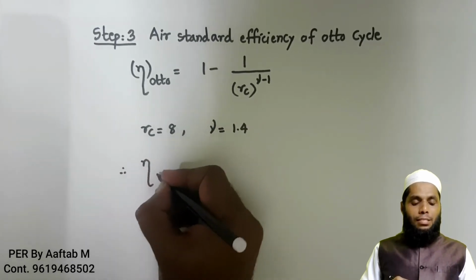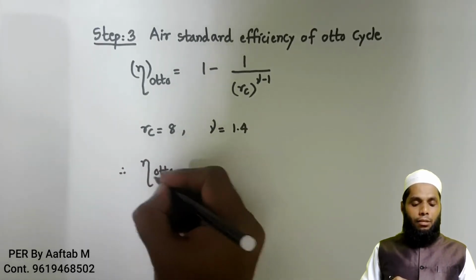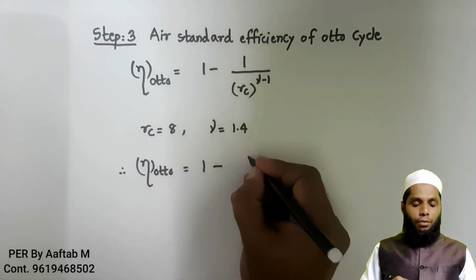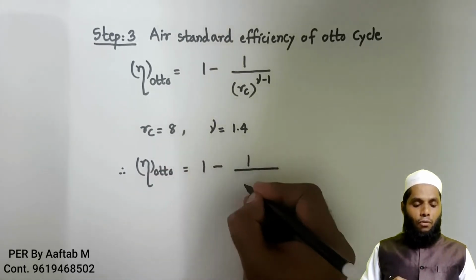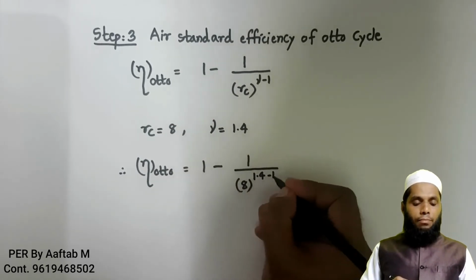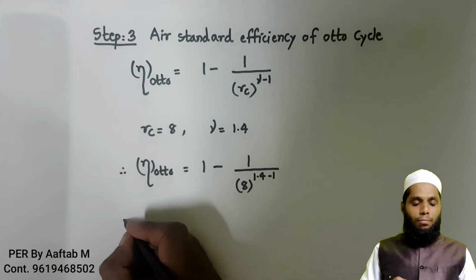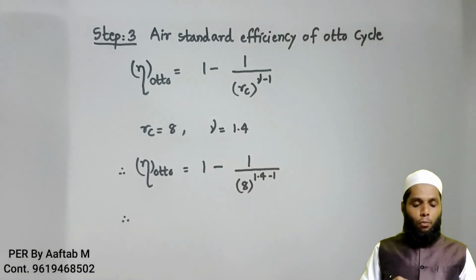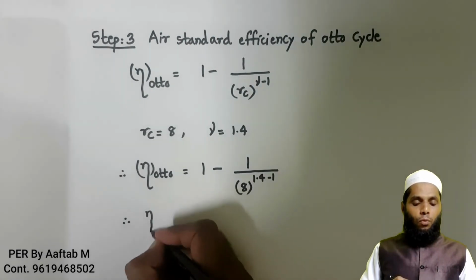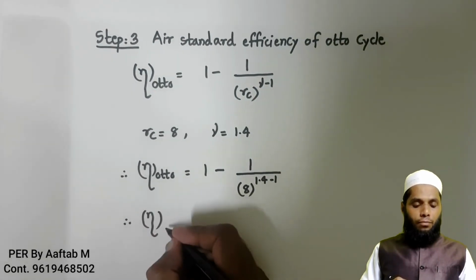We have RC equal to 8 and gamma value 1.4. So we'll substitute in the above equation. So efficiency of Otto cycle is equal to 1 minus 1 upon 8 raised to power 1.4 minus 1.